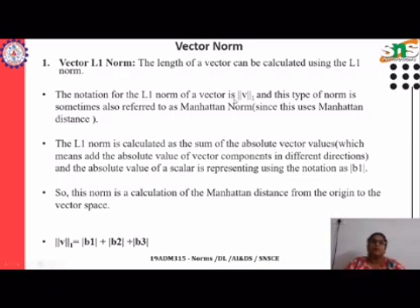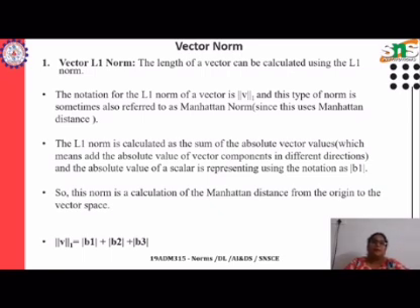First, we will discuss how this L1 norm works. L is meant for length, that you can remember. L1 and L2. So mainly this function is used for calculating the length. The length cannot be negative.